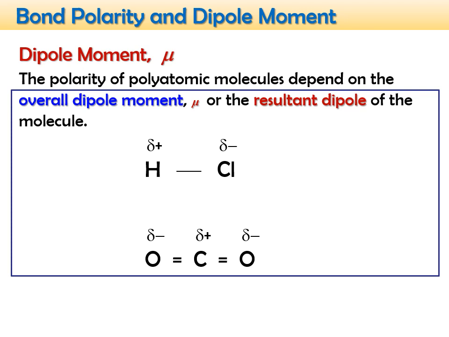The factors that affect polarity, you need to remember, are the shape and the resultant dipole moment, mu.